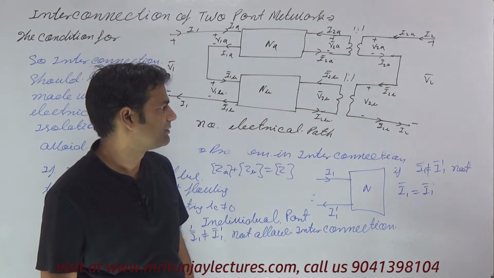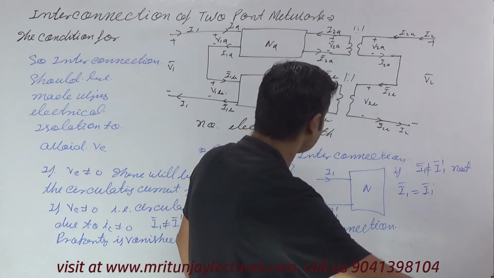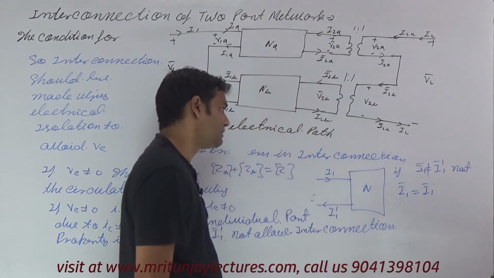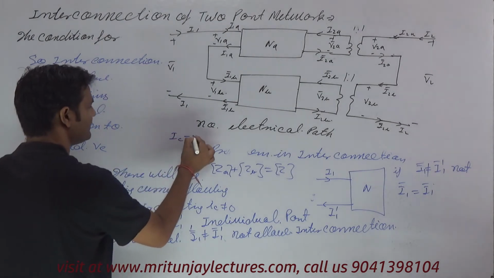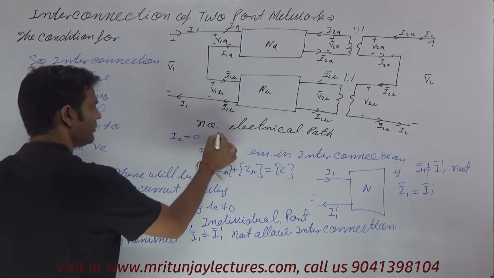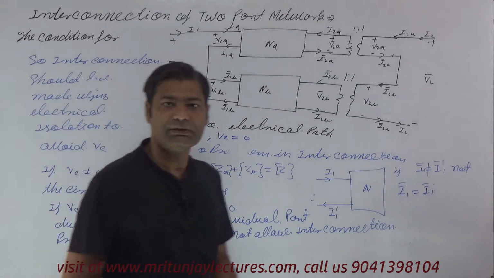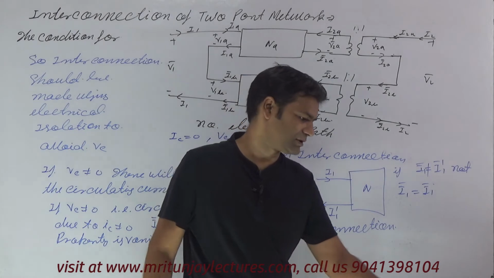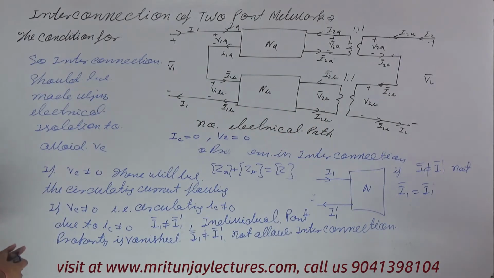So using the isolating transformer, the circulating current is 0. If the circulating current is 0, then what about Vc? Vc is also 0. First of all make it, after that we will focus on another interconnection method.